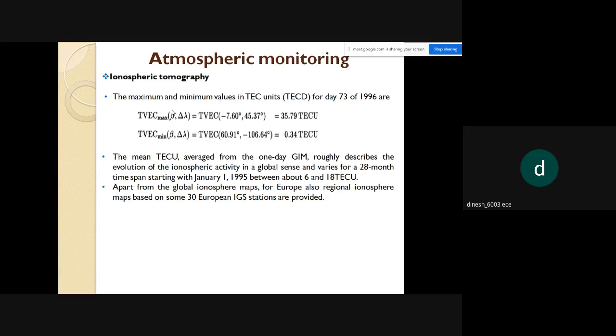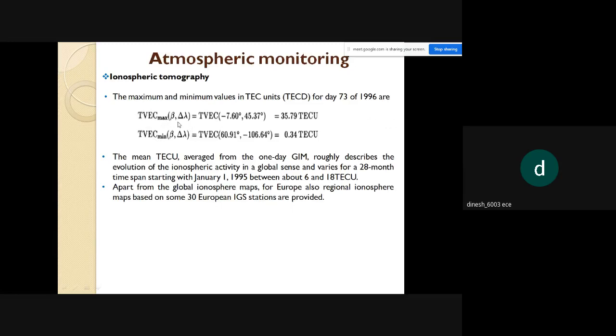Then the minimum value of TEC over the vertical can be calculated, with an example. The maximum and minimum values of TEC for day 73 of the year 1996 were measured.